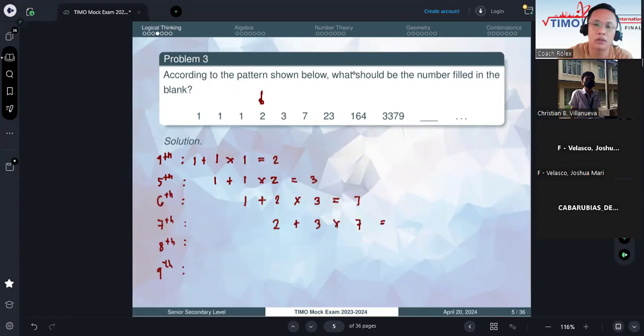This is equal to 23. Here we have 3 plus 7 times 23. This is equal to 164. And of course, the ninth would be 7 plus 23 times 164, which is equal to 3379.